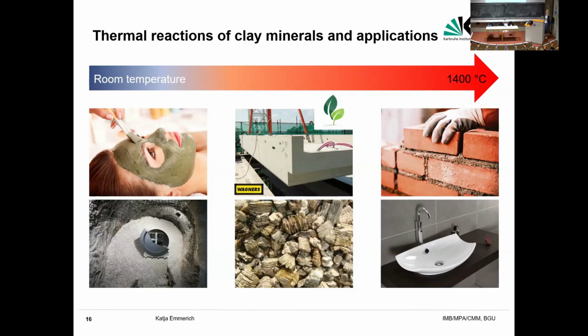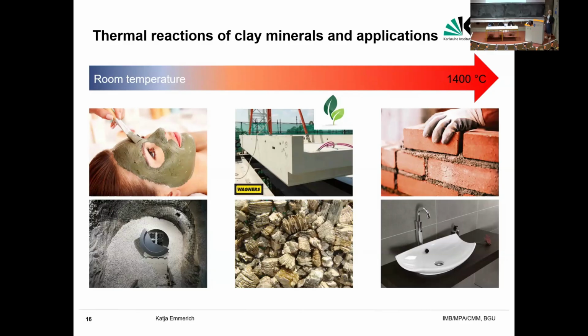The dehydroxylation behavior at intermediate temperatures is interesting, for instance, for the use of calcined clays in so-called green concrete applications, or as precursors for geopolymers, or as pozzolanic supplementary cementitious materials.